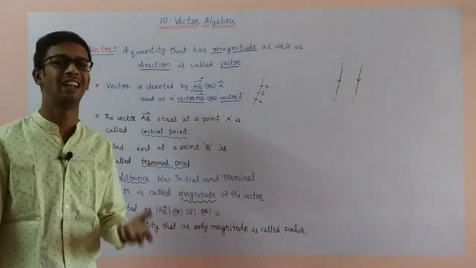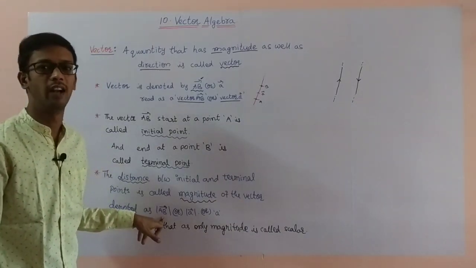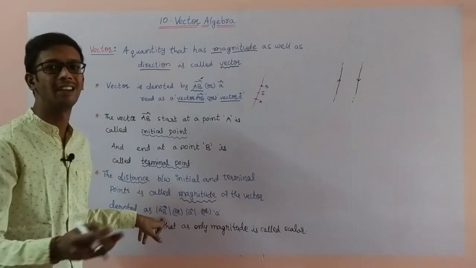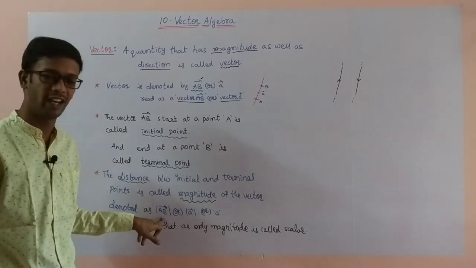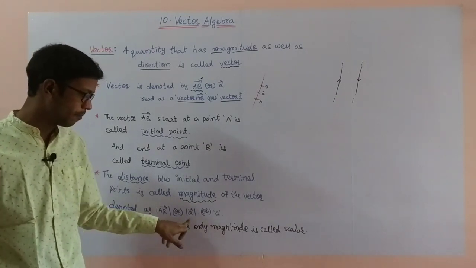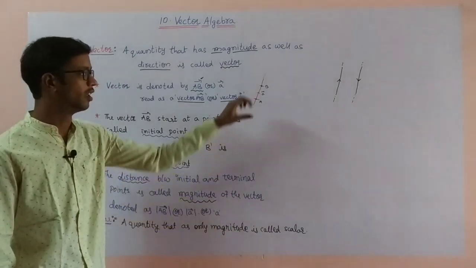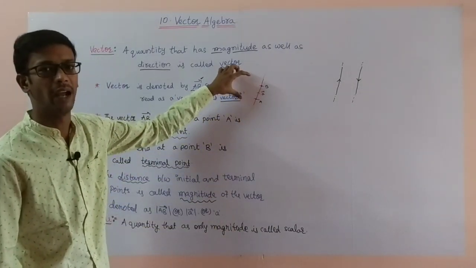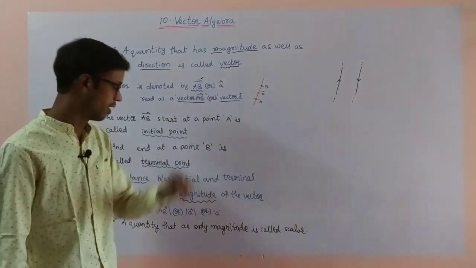Magnitude is nothing but length. Previously we used mod, read as mod, and the determinant concept. But from here onwards in vectors, you read it as magnitude of AB bar, magnitude of a bar, otherwise we simply write a.